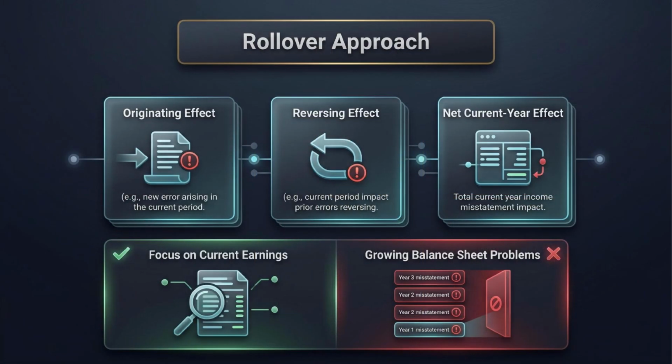The rollover approach focuses on the current period income statement effect. It asks, what would correcting the misstatement do to this period's earnings? It considers the originating effect of the current year misstatement and any reversing effect from prior year misstatements that flow through current year income.